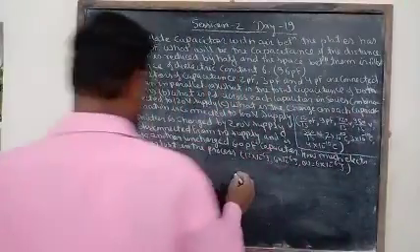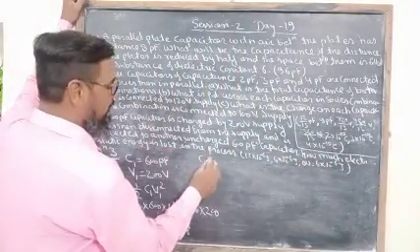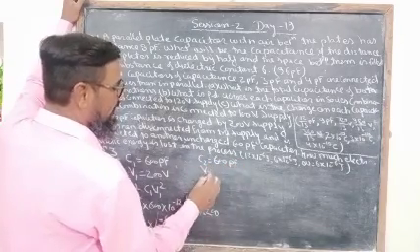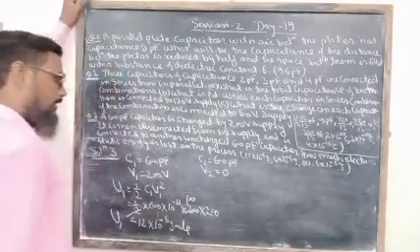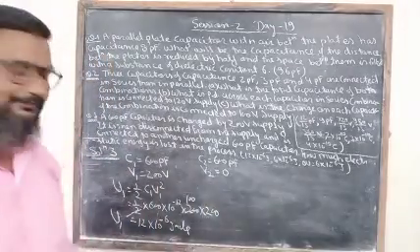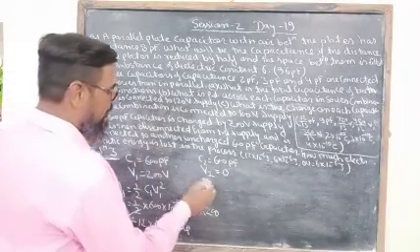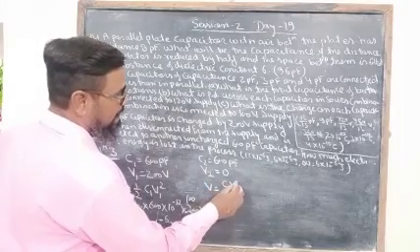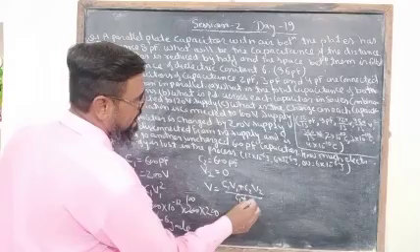Now C2 is equal to 600 picofarad, and it is an uncharged capacitor, meaning V2 is equal to 0. This capacitor is connected to the first capacitor. So the common potential will be equal to C1 V1 plus C2 V2 upon C1 plus C2.